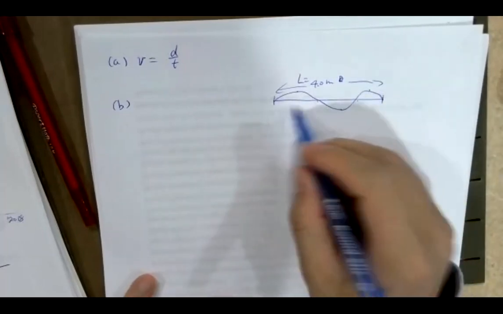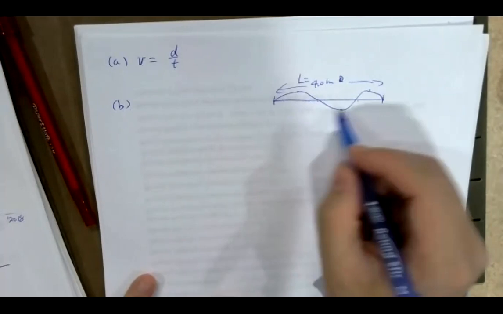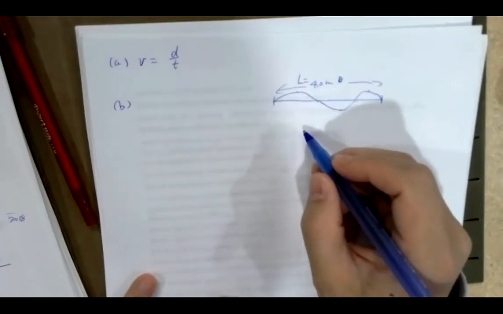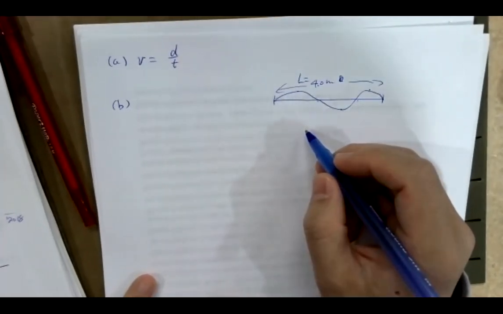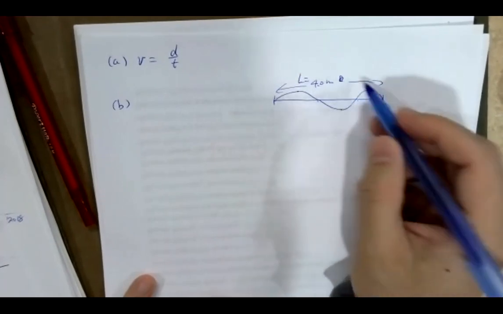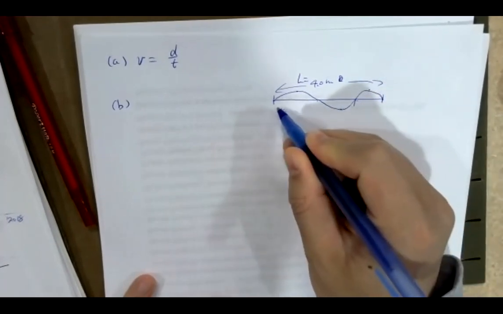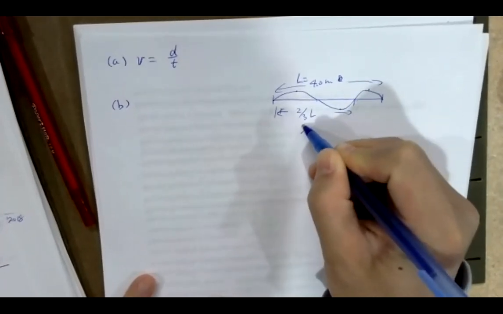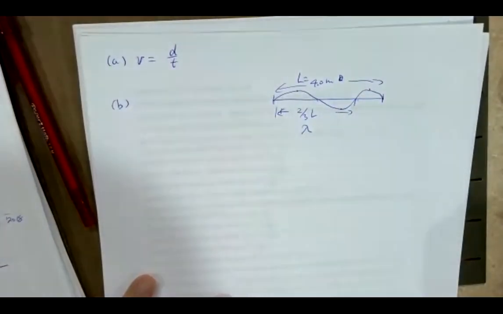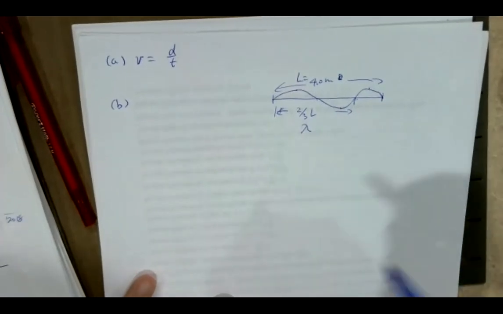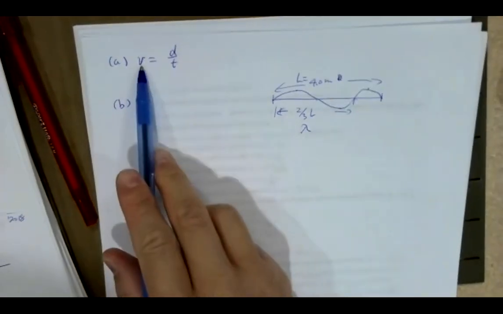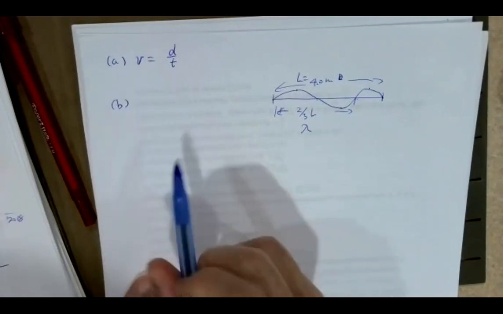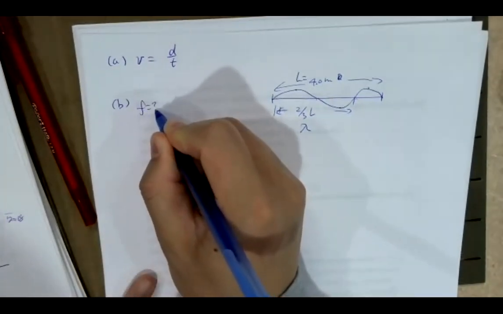So this looks like it's going to be a third harmonic. So if this is L, then this is 2/3 of L. That's the wavelength. If you have the wavelength and the speed, you can calculate your frequency. So the second one is asking for the frequency.